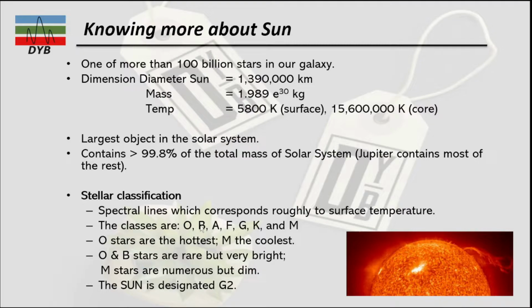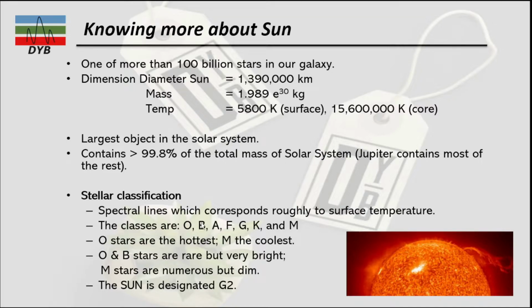O and B stars are the brightest. They are rare but very bright. Obviously their temperature is very high, and they are also very huge in size, but they are rare and much brighter.